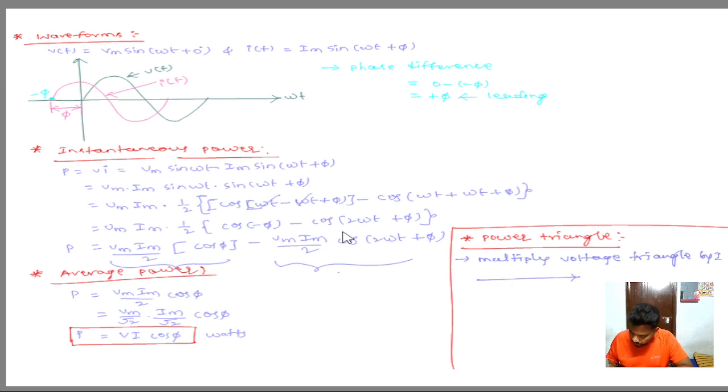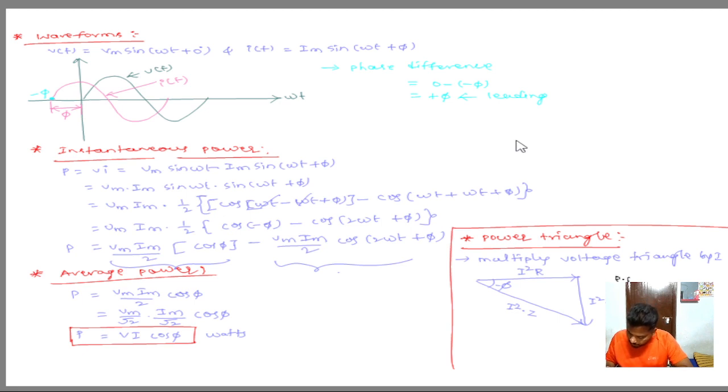See here, when we multiply with current, it becomes I square R, this is I square XC, and this is I square Z. The angle is minus phi. From the power triangle, we also write the formula for power factor and phase angle.